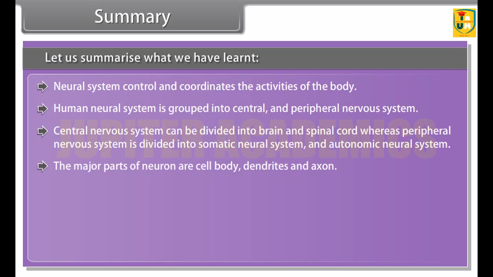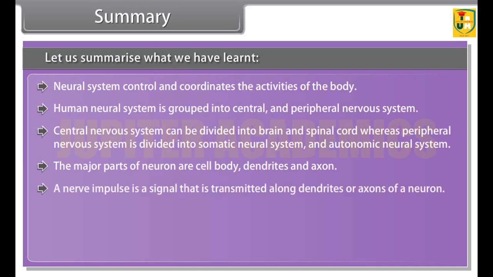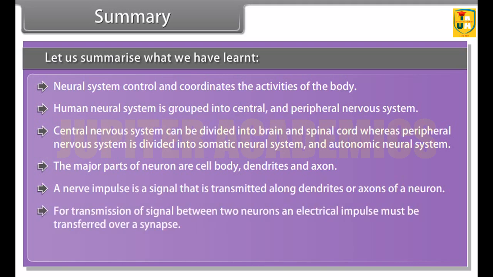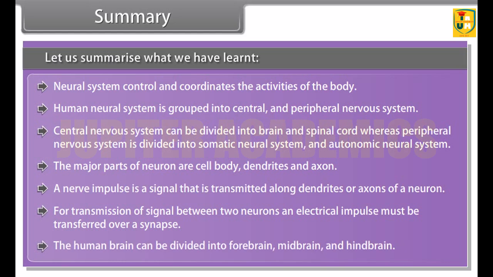The major parts of neurons are the cell body, dendrites and axon. A nerve impulse is a signal that is transmitted along dendrites or axons of a neuron. For transmission of signals between two neurons, an electrical impulse must be transferred over a synapse. The human brain can be divided into forebrain, midbrain and hindbrain.